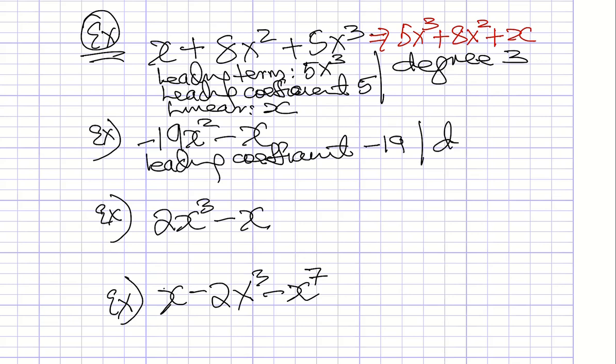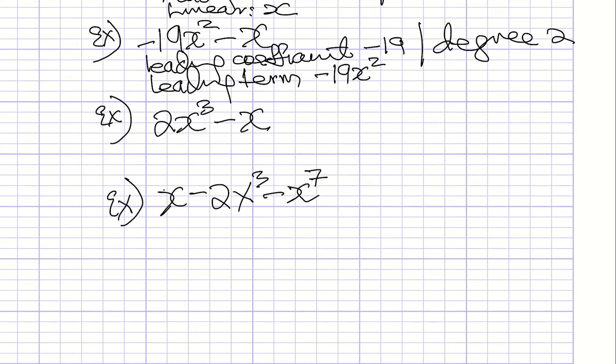The degree of that polynomial is 2. The leading term, of course, is -19x raised to the power 2. The linear term is just x. Okay, so let's look at the other one.